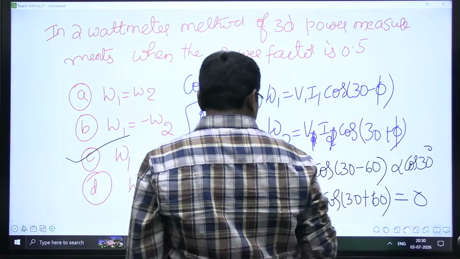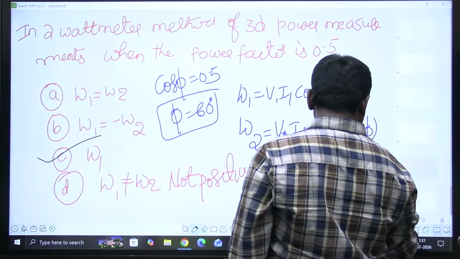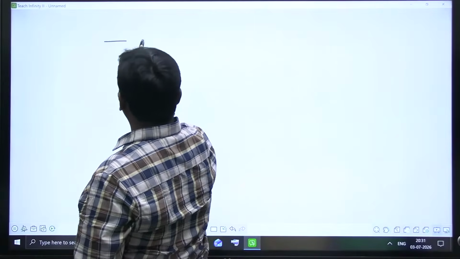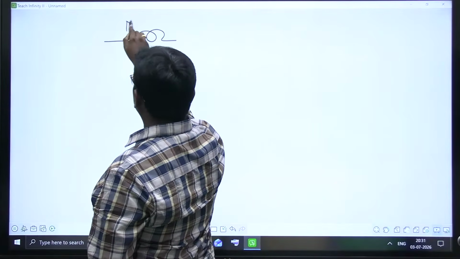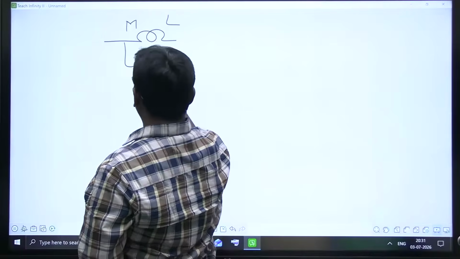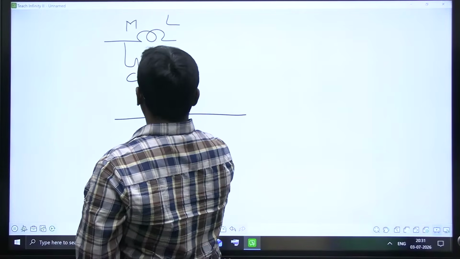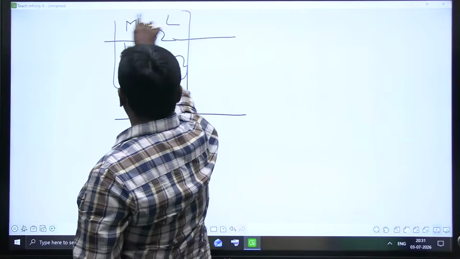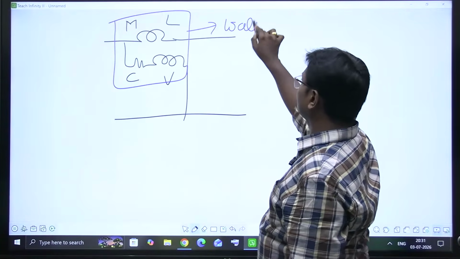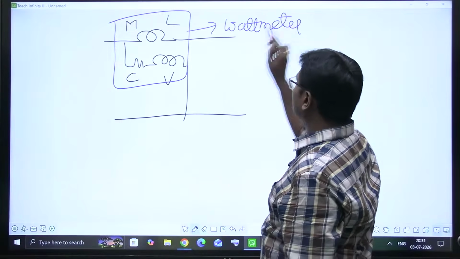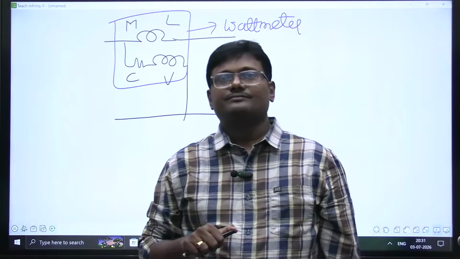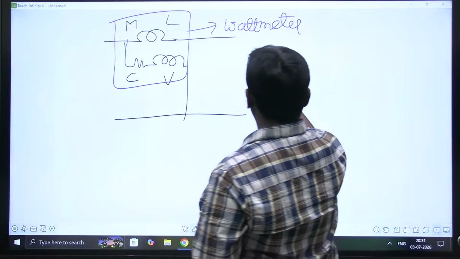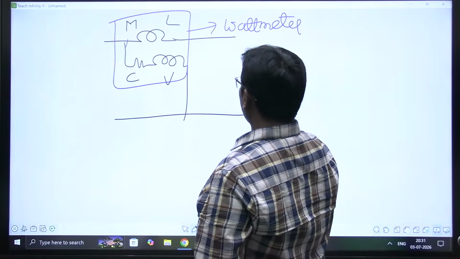Okay, and also in the measurement of power, this is called the wattmeter, right? MLCV, this is our wattmeter. Now what does ML represent? What does CV represent?